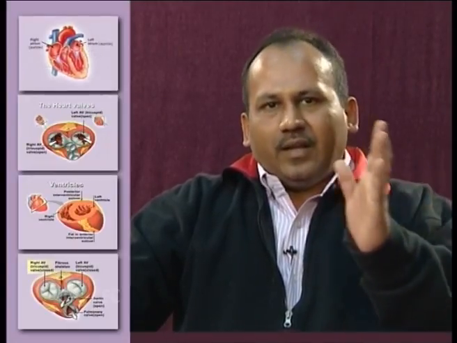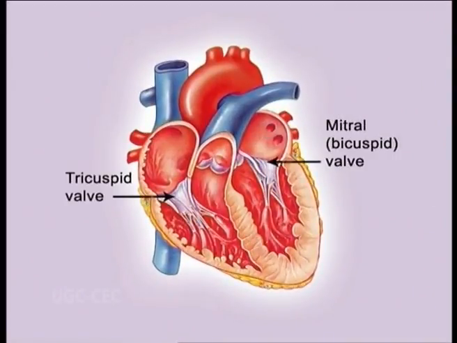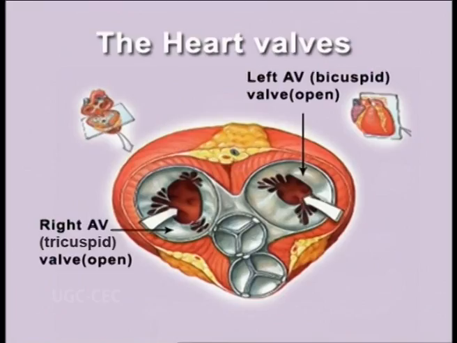There is a right auricle and a left auricle that is separated by the interauricular or the interatrial septum, and they are connected to the ventricle by the auriculo-ventricular valves or the atrioventricular valves. Now, here what needs to be understood is the right auricle is connected with the right ventricle, the left auricle is connected with the left ventricle, and both these valves are called as the AV valves or the atrioventricular valves.